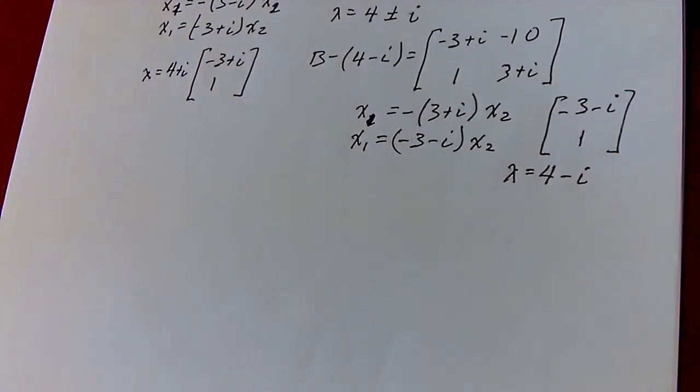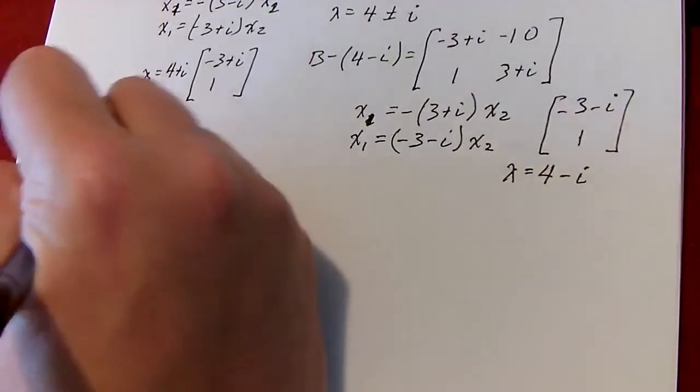Okay. Now, we talked about similar matrices and diagonalization for real eigenvalues. Okay. Well, for complex, we have a similar idea, no pun intended, similar matrices. Okay. So we can write a similar matrix using a theorem and a property.